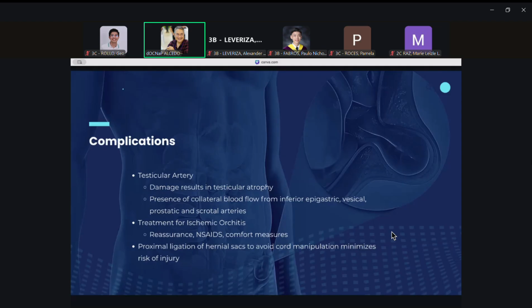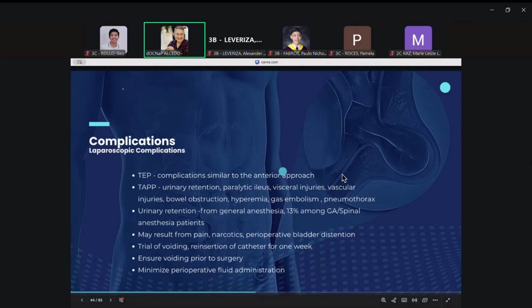That would strengthen the floor. But everything else would involve also ligation of the sac. And we do that at the level of the internal oblique muscle, before it becomes the cremaster muscle. And proximal ligation of the hernial sac avoids cord manipulation that can result in injury to the spermatic cord structures.